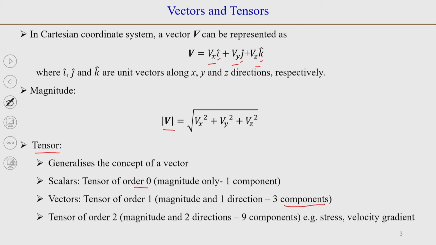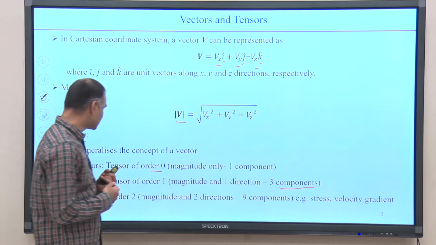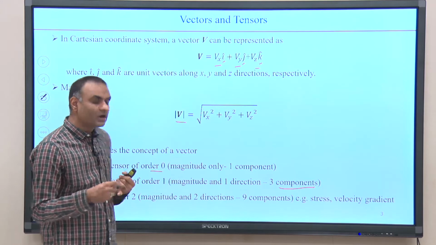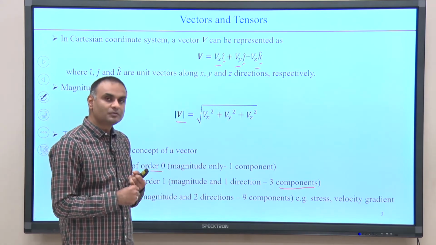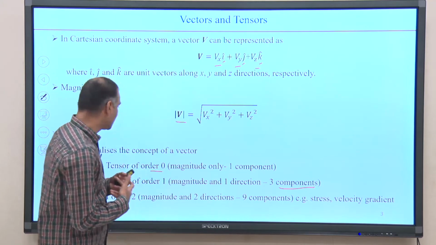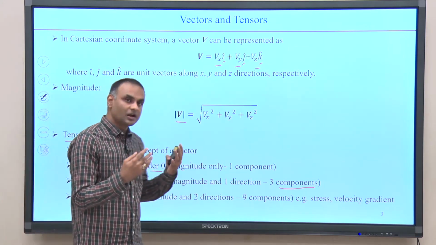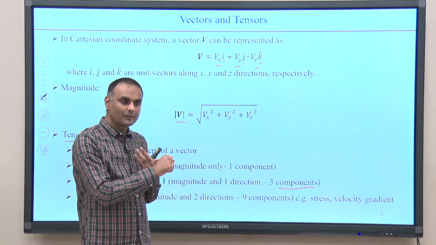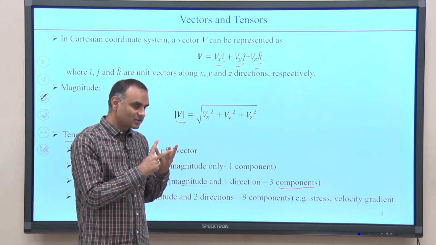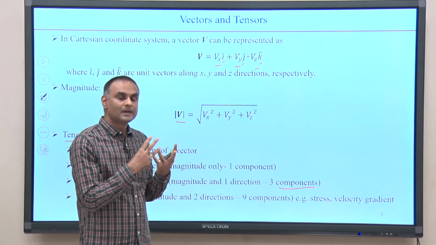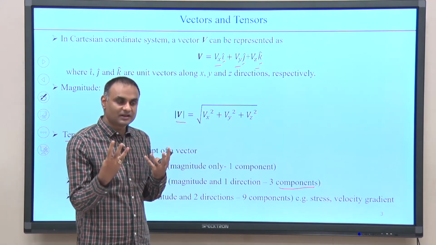So, we have three components for vectors. Now, second order tensor, and that is why we are introducing the term tensor, because some of the quantities which we deal with in fluid mechanics, for example stress, momentum flux, velocity gradient, are second order tensors. To represent them, we not only need the magnitude, but we need two directions, because we have x, y and z components to represent the direction of one thing, and x, y, z components to represent the direction of another.